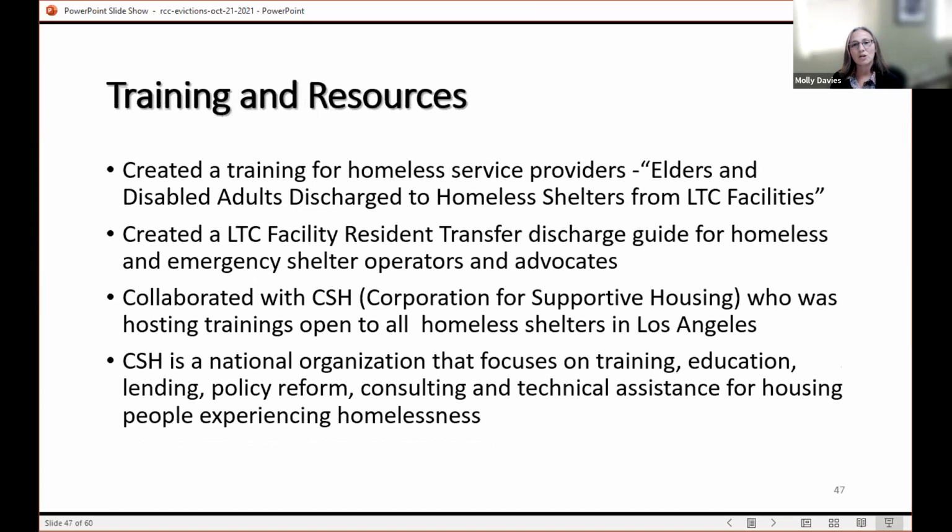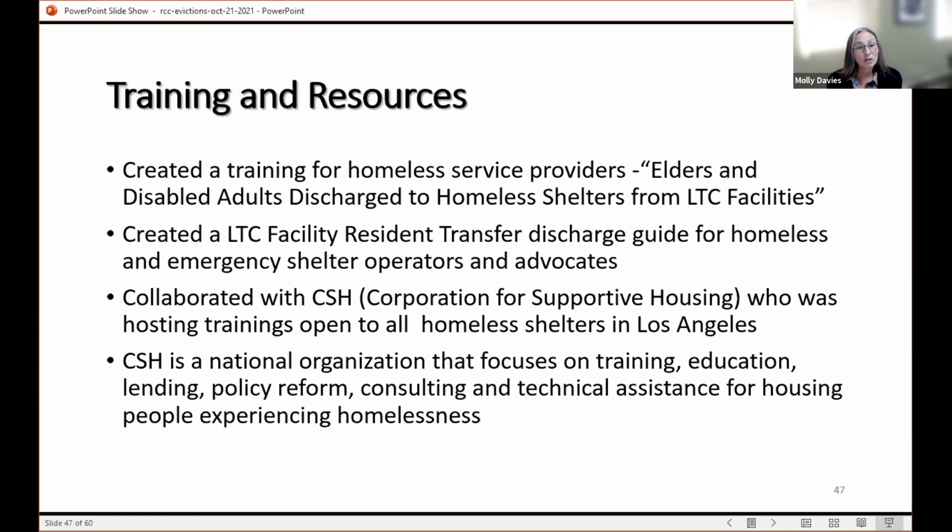So we created a training and then also adapted a resource guide. The slides, if you wanted to adapt them for your own community, are going to be made available. So you can edit away and customize them to your needs.